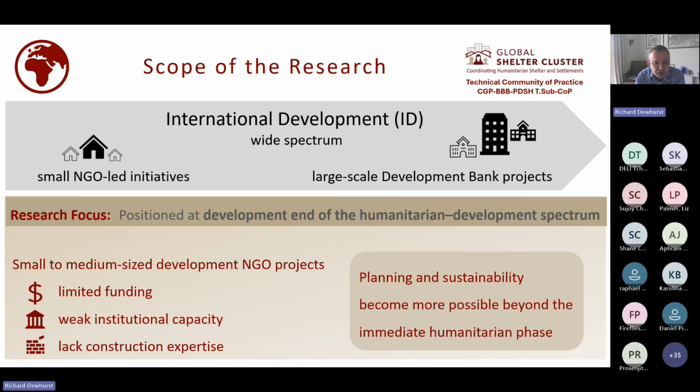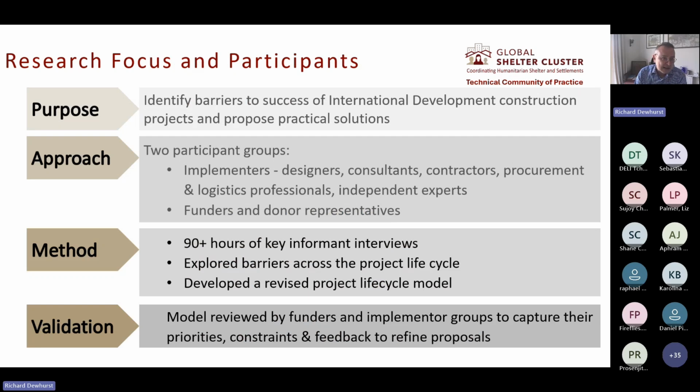And I'm also concentrating more at the development end of the humanitarian development spectrum, rather than the immediate life-saving projects at the humanitarian end, because in development projects, there's more opportunity for planning and considering things such as sustainability and building capacity, because you're not really focused on the life-saving aspects.